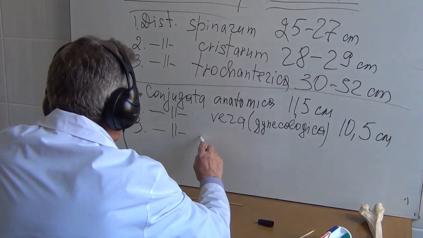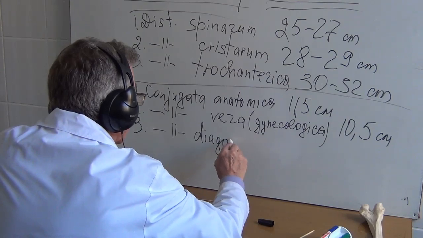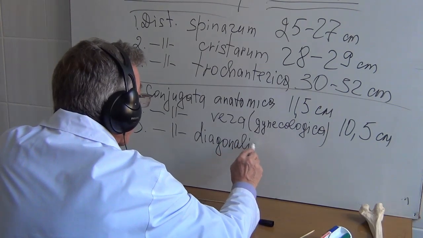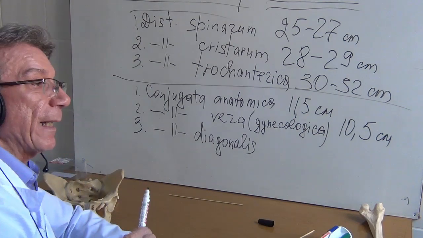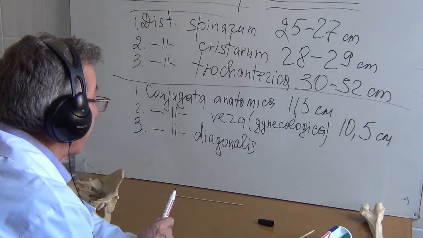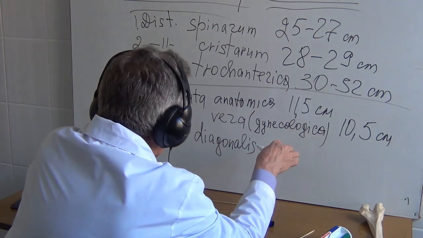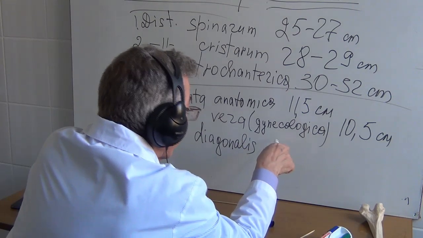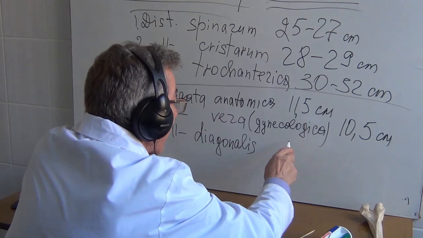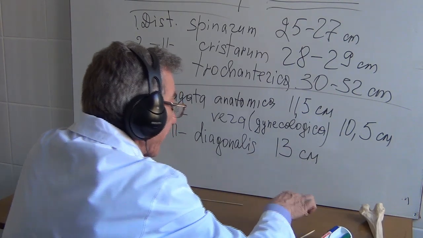And the third conjugate is called conjugata diagonalis. It could be really measured during a gynecological bimanual exam. So it should be 13 centimeters.